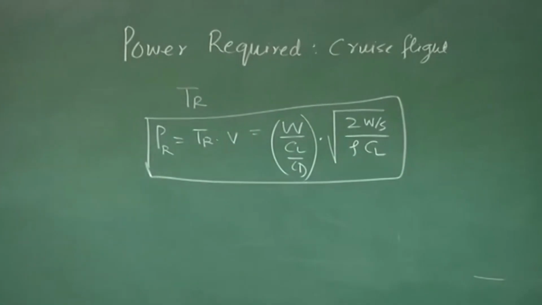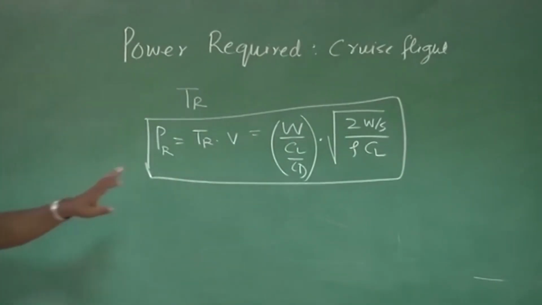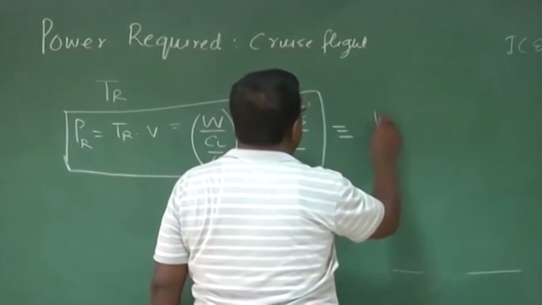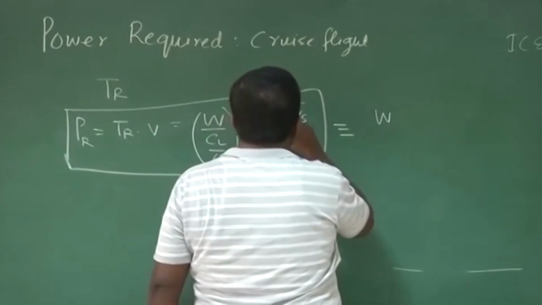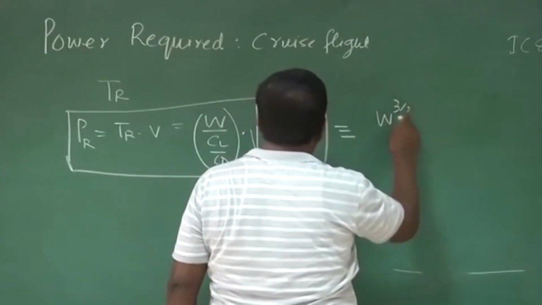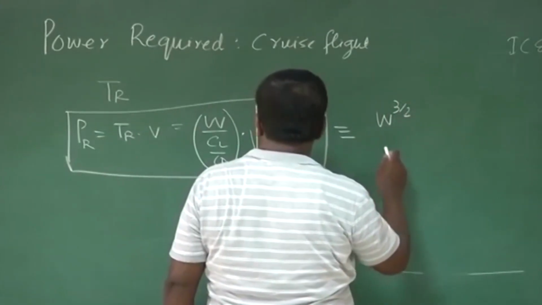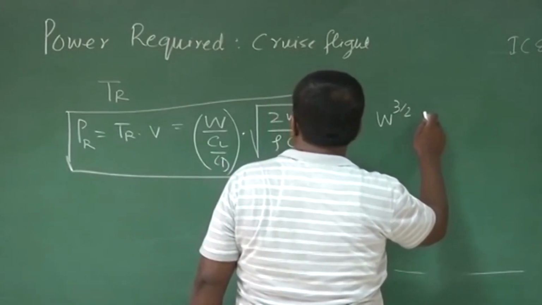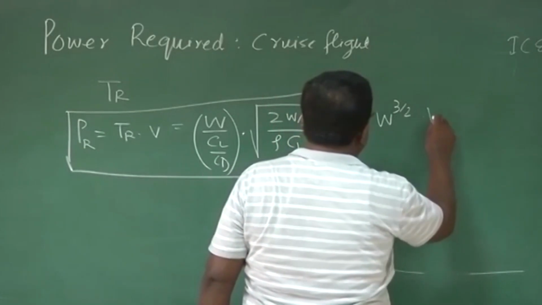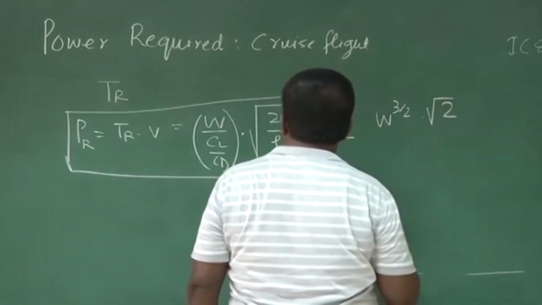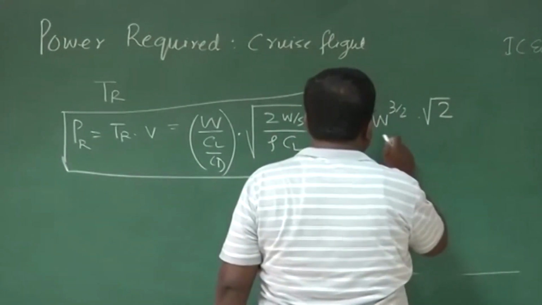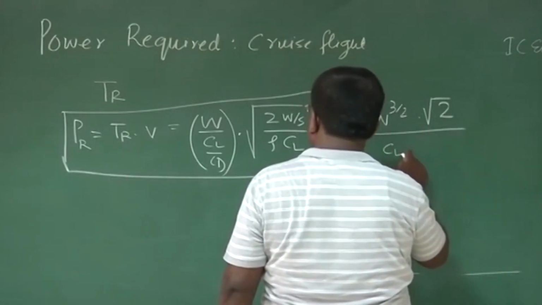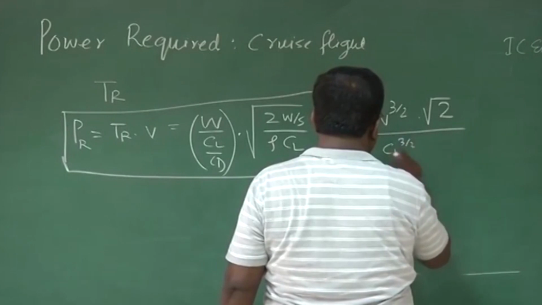So what we can see from here, this I can finally also write like this: W to the power 3 by 2, then root 2 here. Here I write CL to the power 3 by 2 by CD.